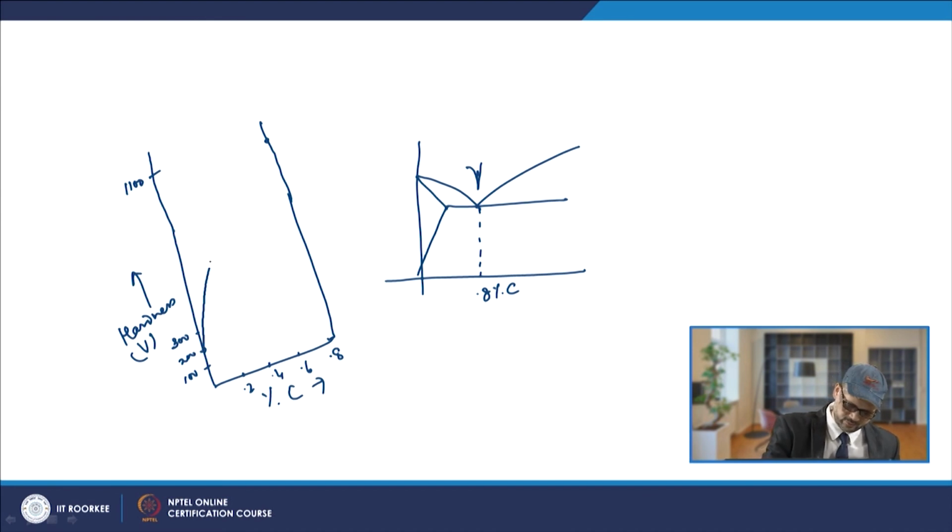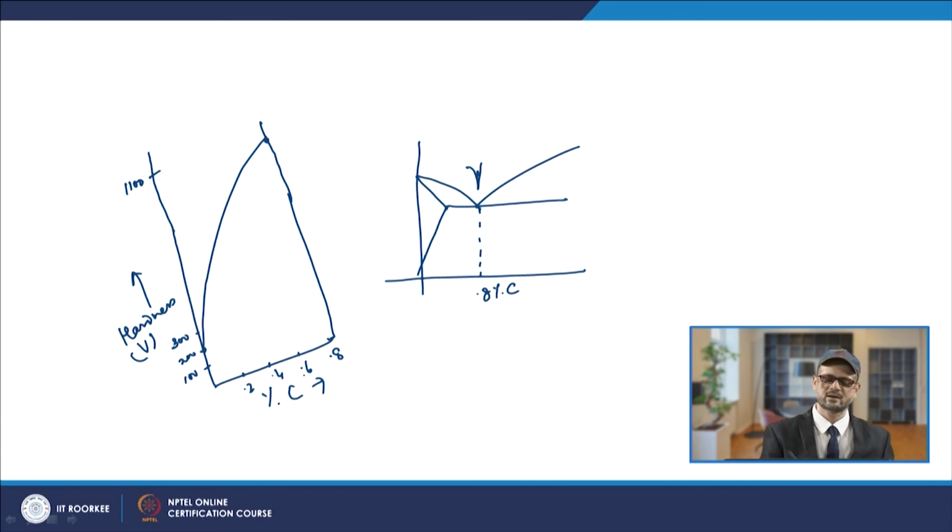So, it goes like this. With the increase in the carbon content, the hardness is increasing. So, this is the hardness or strength which is coming because of the steep increase.